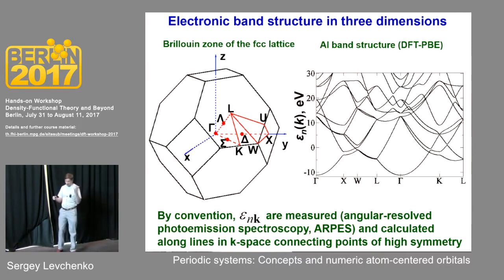We choose this path to connect symmetry points because symmetry points are points where something important and interesting usually happens, like some degeneracy or degeneracy lifting or other properties. And by convention, these energies are measured also along this standard path in the Brillouin zone, and therefore calculations and experiment can be compared. The measurements can be done with, for example, angle-resolved photoemission spectroscopy.